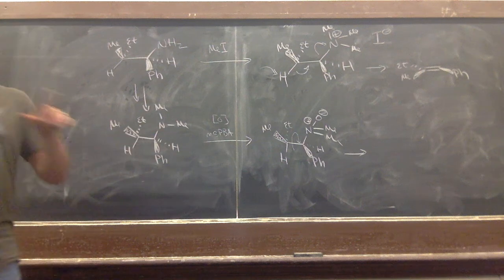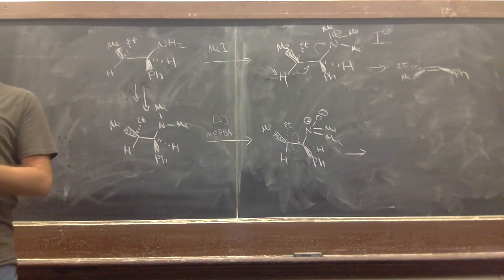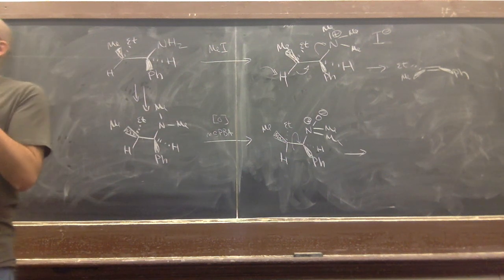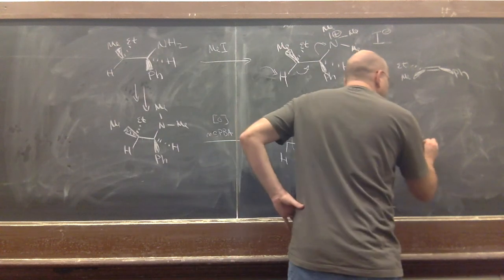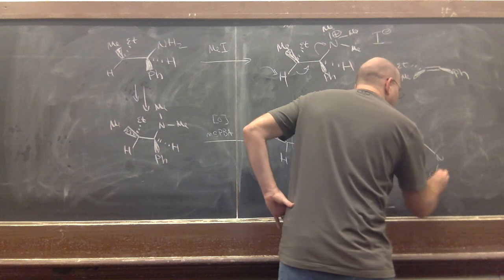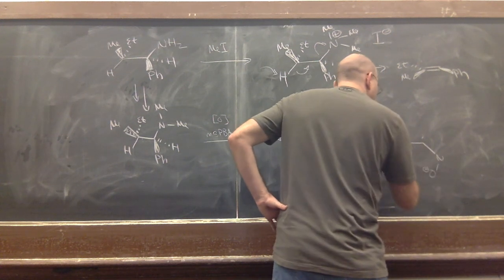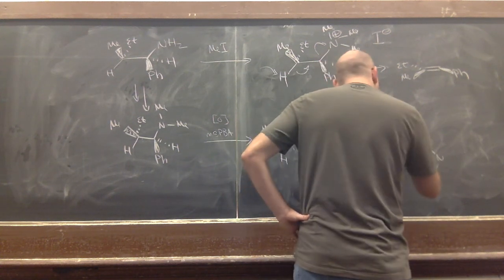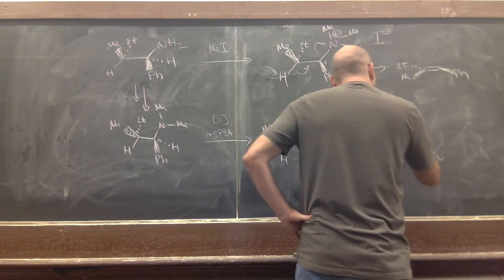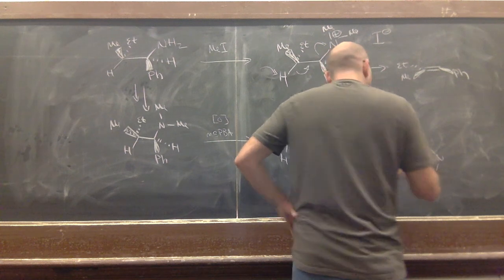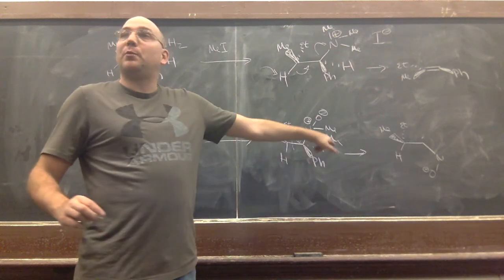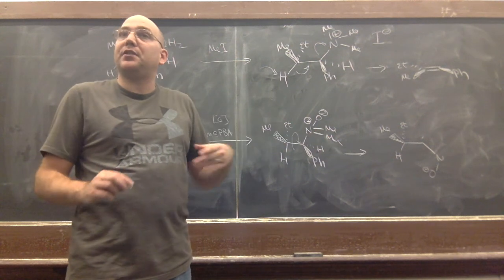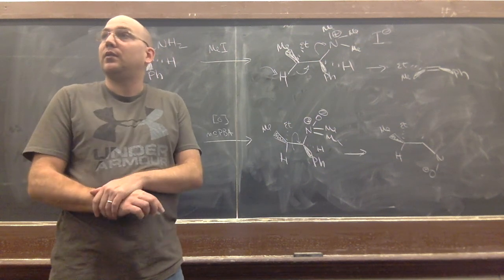you can rotate around 180 degrees, in which case everything's going to be eclipsing one another, but you're going to have this nitrogen and this proton. When I rotate this around 180 degrees, what's going to happen to the geometry of my phenyl group and my proton?